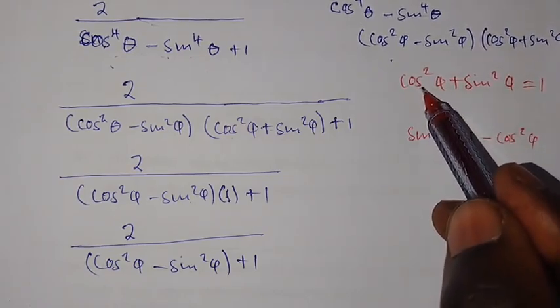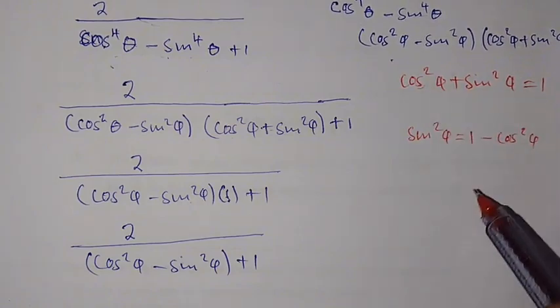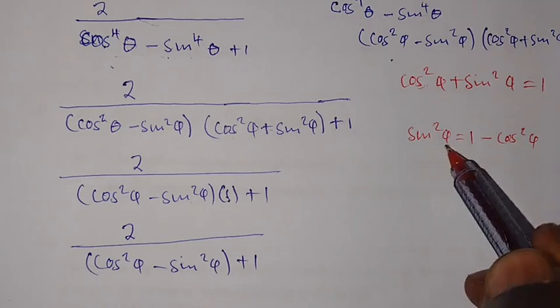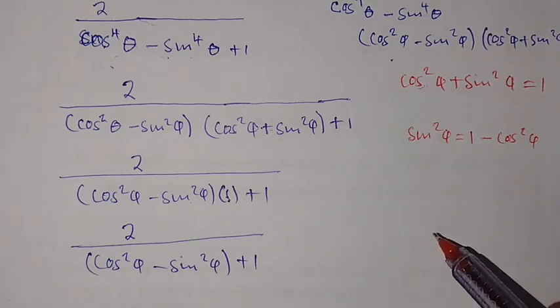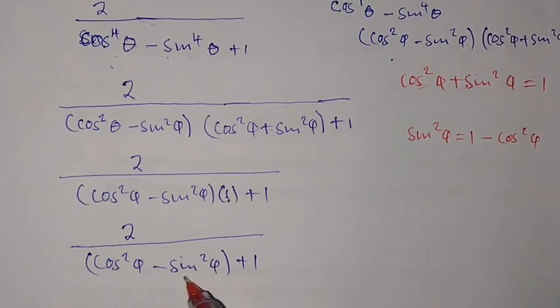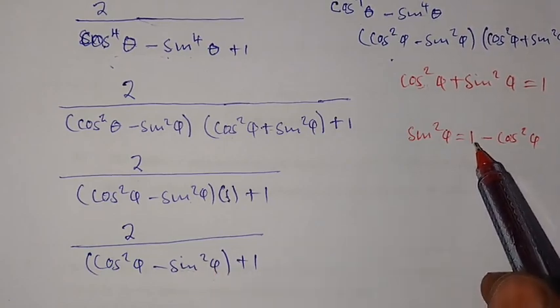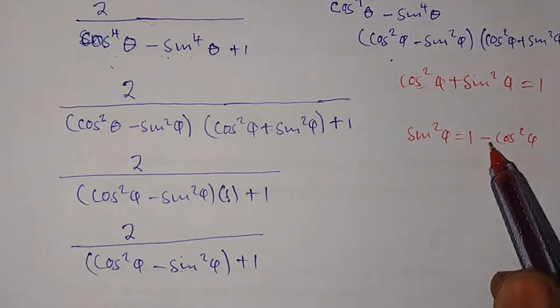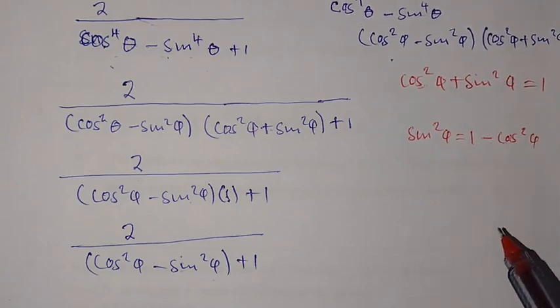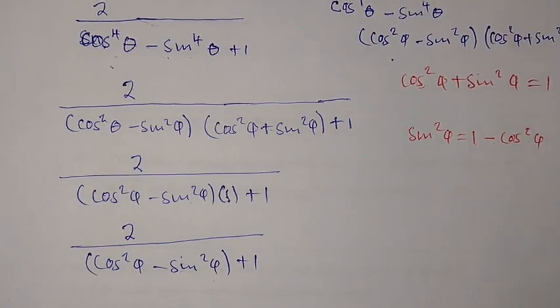I've just taken this cos squared theta to the right hand side so that sine squared theta is the subject. So where we have this sine squared theta, we are going to put 1 minus cos squared theta.